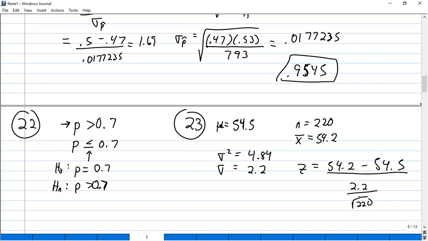Then what I like to do if I'm using a calculator is multiply that by the square root of 220 and then divide by 2.2. When you do that and round to 2 places, you get a negative value because of the numerator. You should get negative 2.02 when you round to 2 places. Negative 2.02. All right.